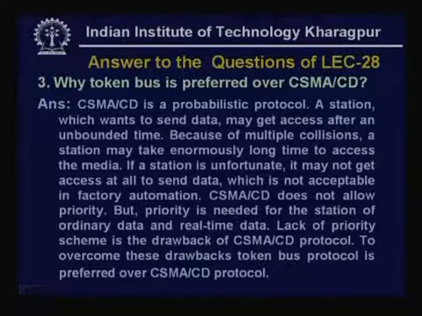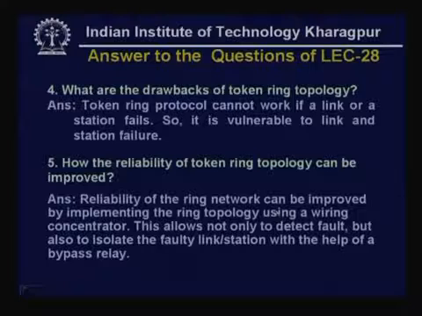CSMA/CD does not allow priority, but priority is needed so that ordinary data and real-time data can be transmitted. So lack of a priority scheme is the drawback of CSMA/CD protocol. To overcome these drawbacks, token bus protocol is preferred over CSMA/CD protocol, but not always.